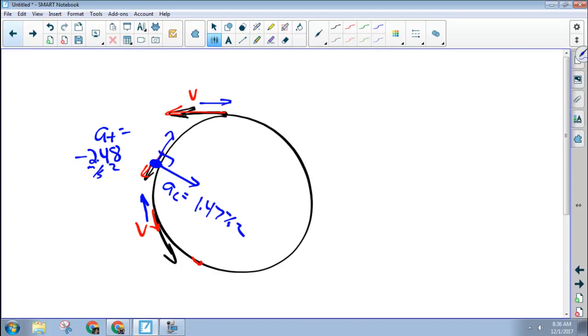But when you add vectors, how do you have to position them? Head to tail. Good. So here's my centripetal acceleration, here's my tangential acceleration, here's my overall acceleration, and here's my right angle. So my acceleration's actually this way.